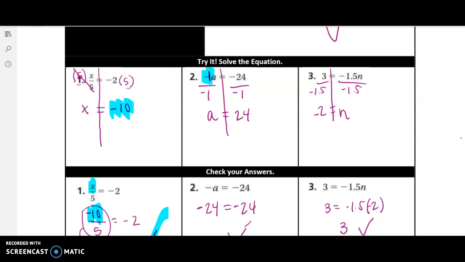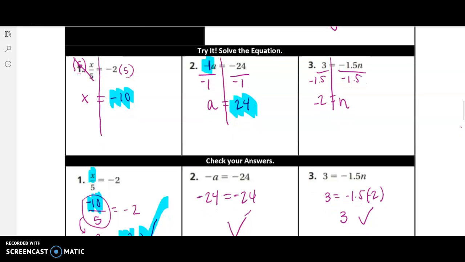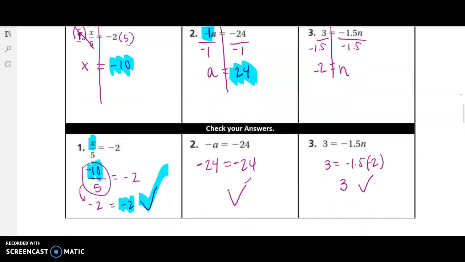We're going to divide by -1 on both sides, and we get 24, because -24 divided by -1 gives us just a positive 24. So if I plug in 24 and make it negative, it's going to equal -24. So we know we got that one correct.